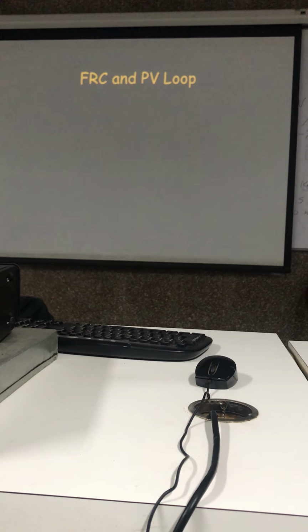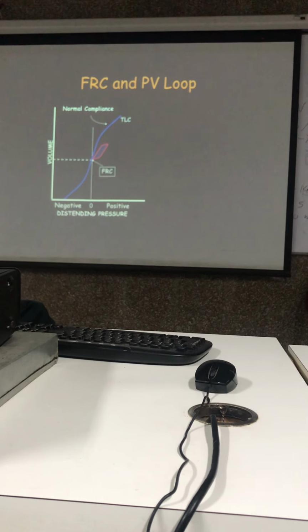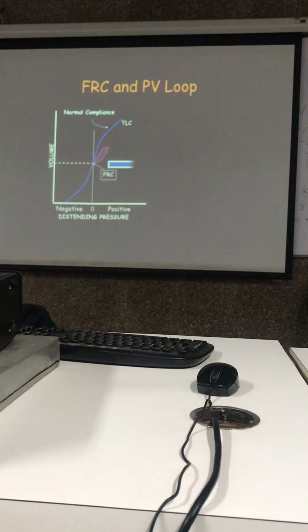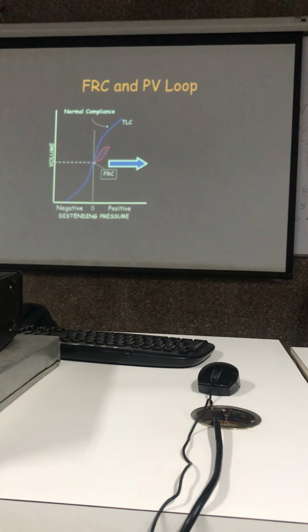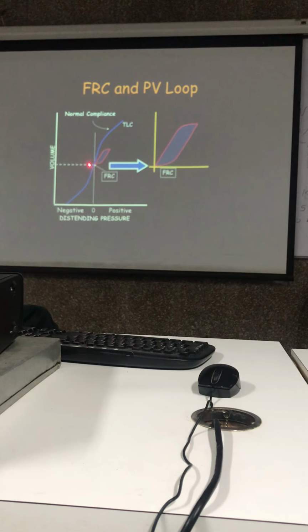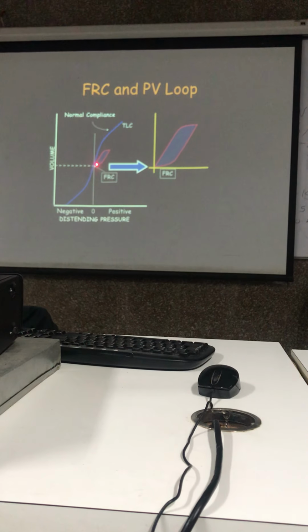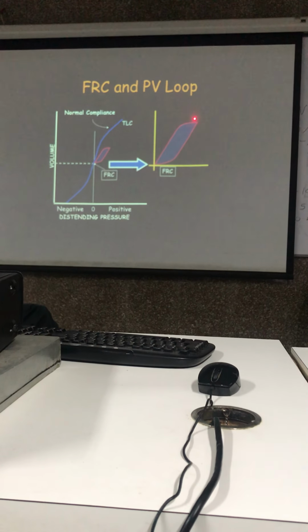Okay? So let's look at functional residual capacity and look at the PV loop. In a normal compliant lung, this is how the pattern will look.